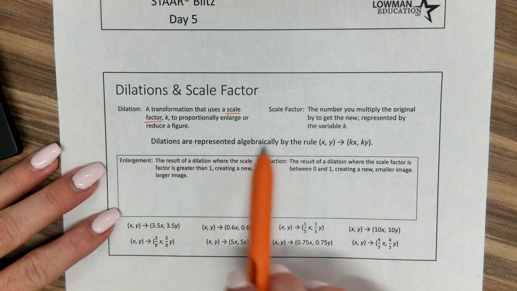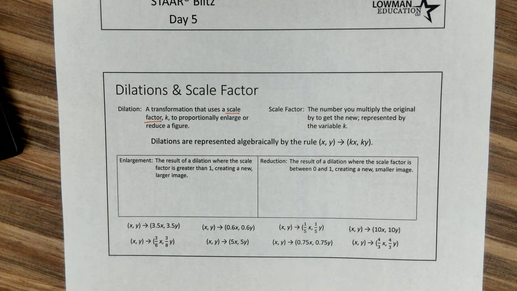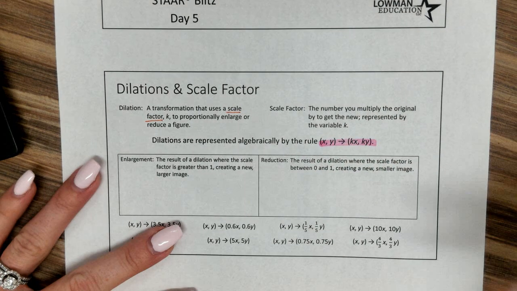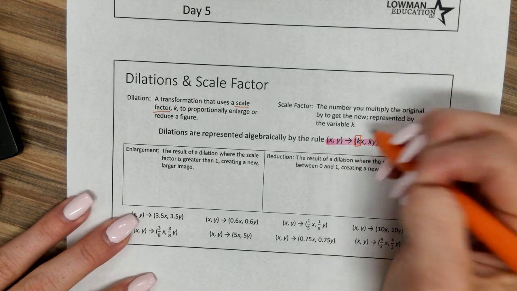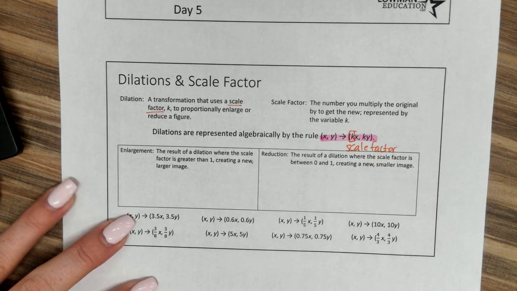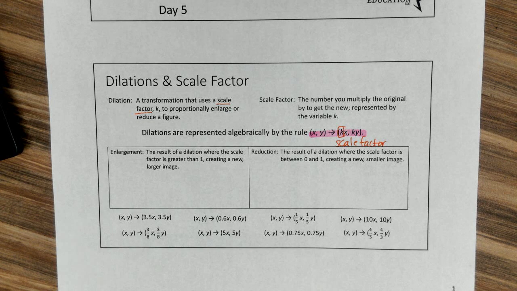So a rule is represented like this. The number that they put here is the scale factor. So if they give you the scale factor, you're going to multiply with it.